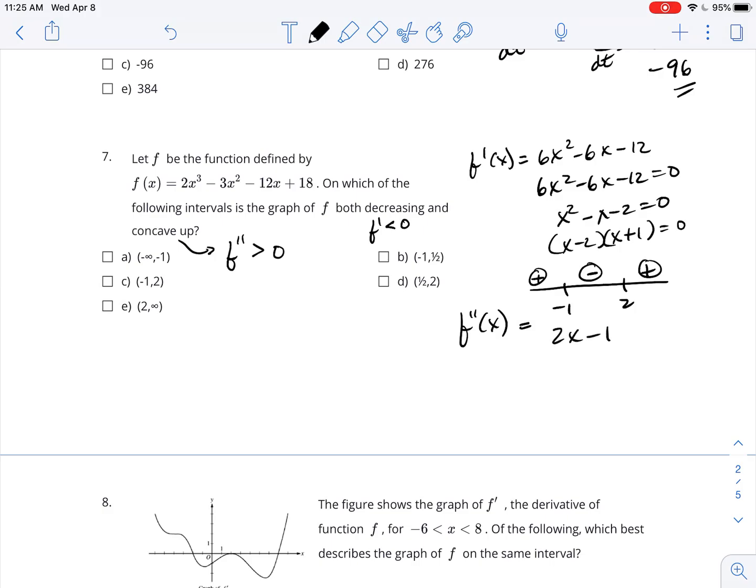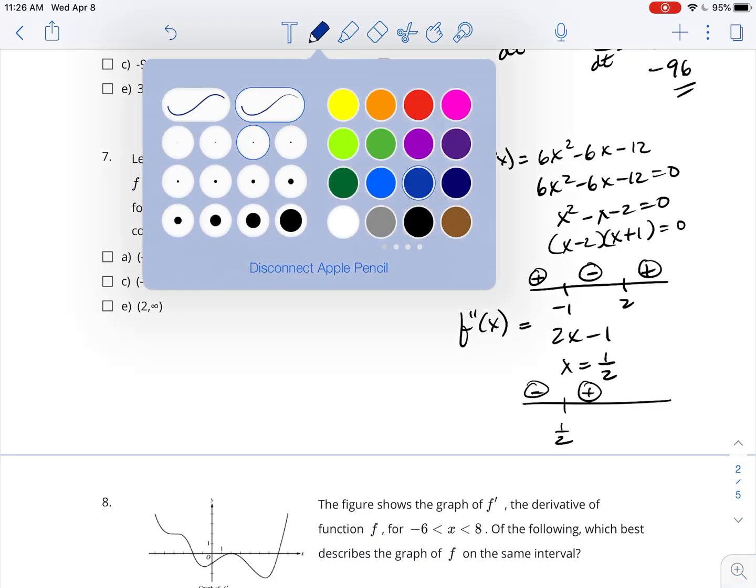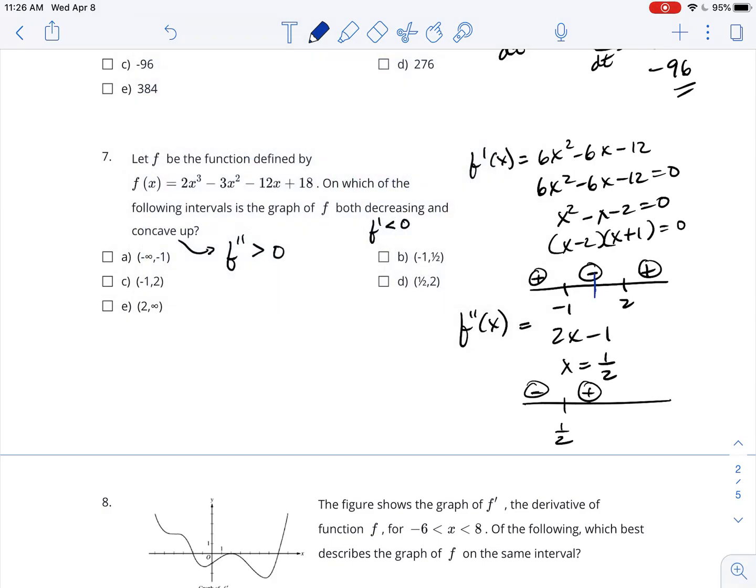And then now let's check f double prime. If I find the derivative of the function, that's going to give you 2x minus 1. Set this equal to 0, and so we're going to get x is equal to half. All right, let's check half. It's going to be negative less than a half and positive greater than a half.